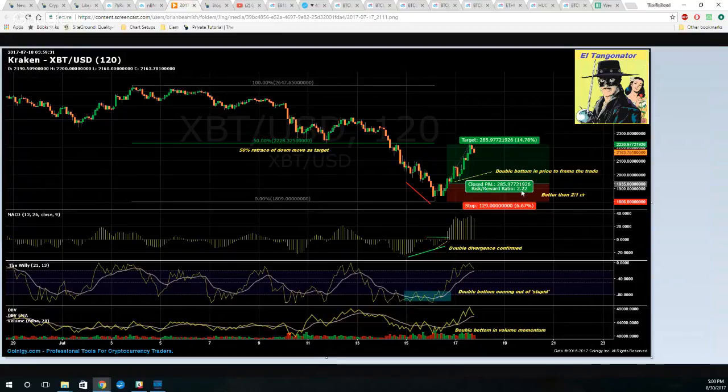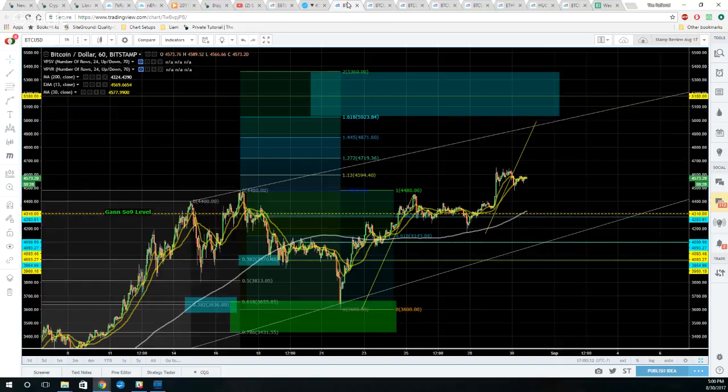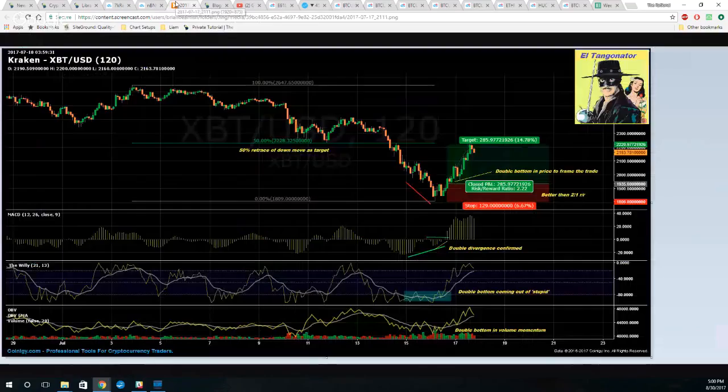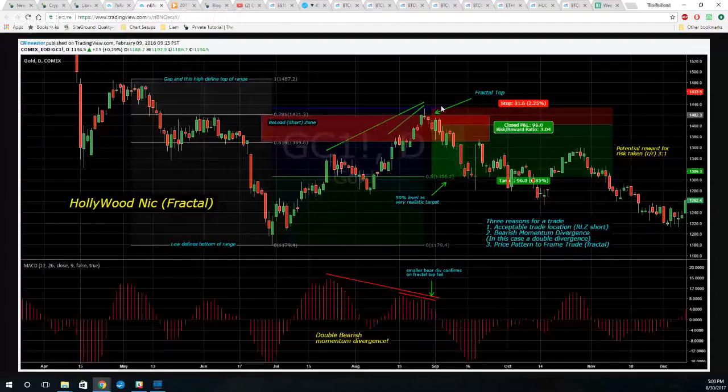Go and grab your little risk matrix tool on things like TradingView. It's just over here. I think it's one of these selections, long position, short position. When you pull up your chart, and it doesn't really matter, in this particular case, a short off of this fractal top with this nice double divergence, 50% level, greater than 2 to 1. Trader's got to take a trade. It's as simple as that.